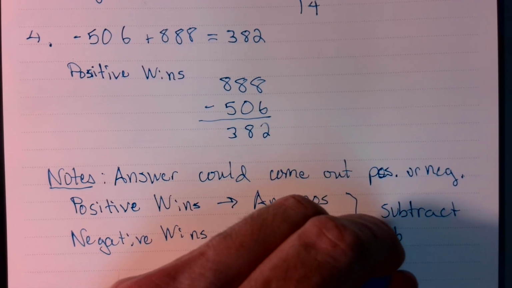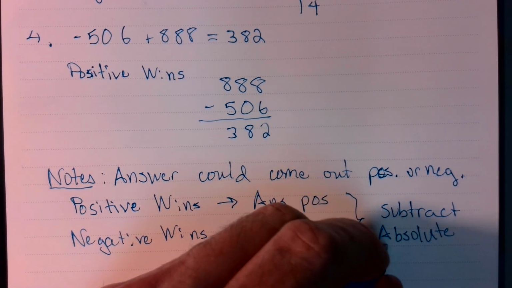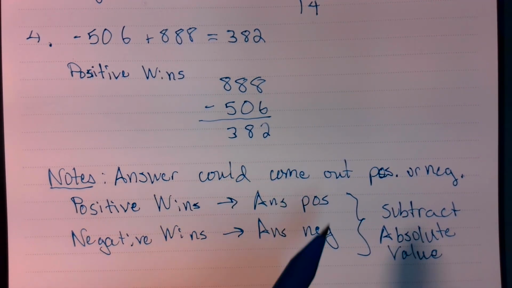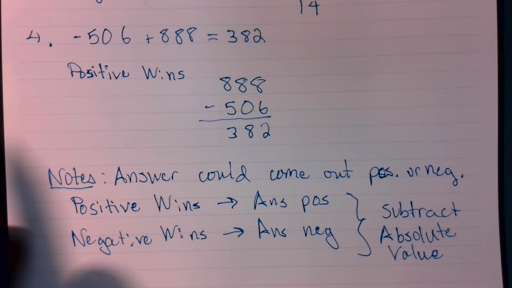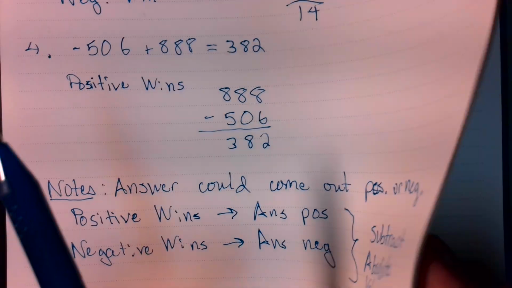Subtract the absolute values of the numbers. In other words, I want you to ignore any negative signs and take the number with the bigger absolute value and subtract the number with the smaller absolute value. Okay? Comparing the sizes will tell you what the sign of your answer will be.